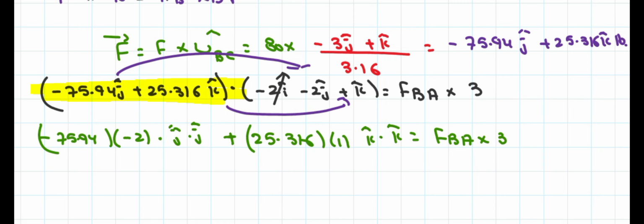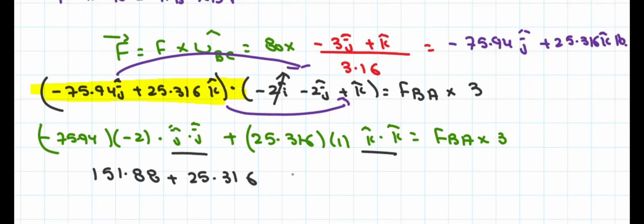So negative 75.94 times negative 2 becomes positive 151.88. And similarly 25.316 times 1 remains the same, 25.316. And j dot j and k dot k are always equal to 1, which equals FBA times 3.